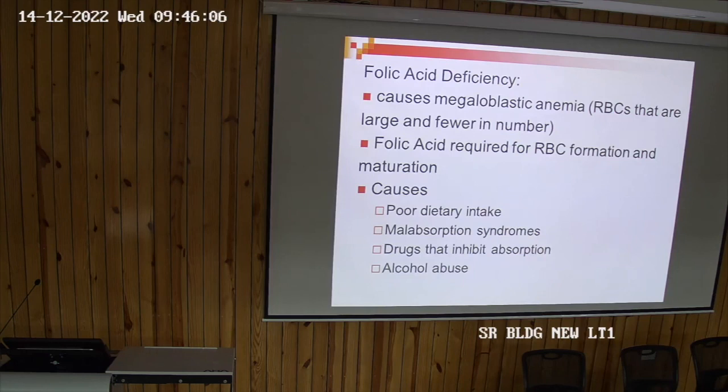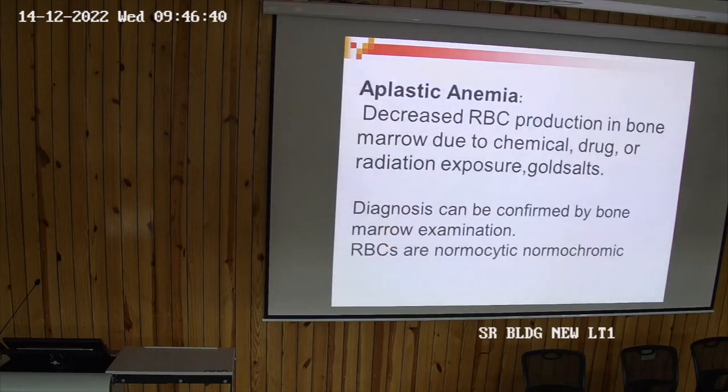For erythropoiesis, certain factors and hormones stimulate or increase erythropoiesis, and certain hormones or factors inhibit it. So alcohol abuse and drugs that inhibit absorption will result in megaloblastic type of anemia. In the clinical picture, the folic acid level will be low.